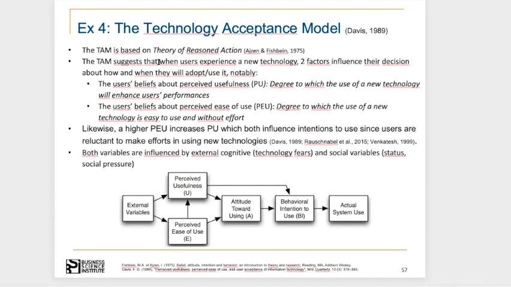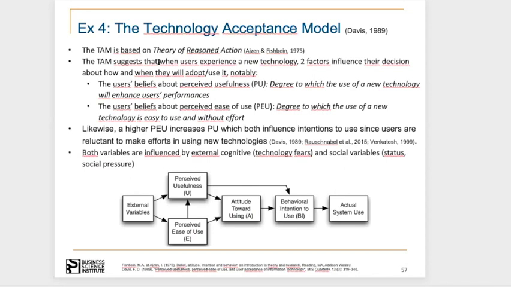Basically, the user's belief about perceived usefulness, or PU, which is defined as the degree to which the use of a new technology will enhance the user's performance, and the user's belief about perceived ease of use, which is defined as the degree to which the use of a new technology is easy and without effort. Likewise, a higher perceived ease of use increases perceived usefulness, which both influence intention to use, since users are reluctant to make efforts in using new technology.